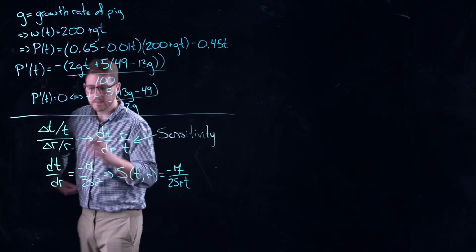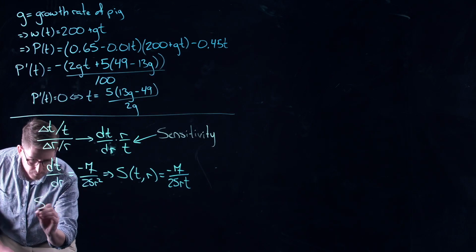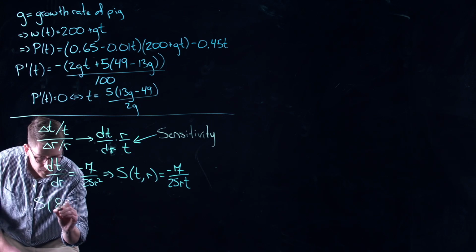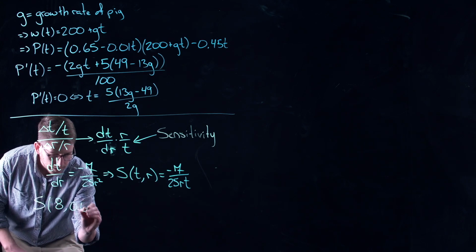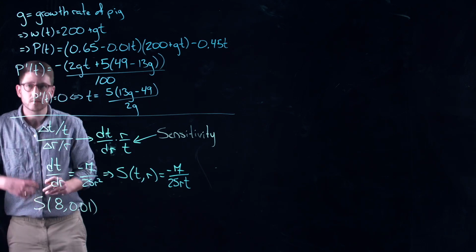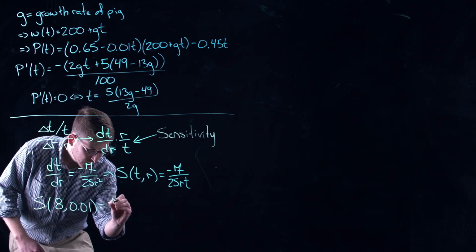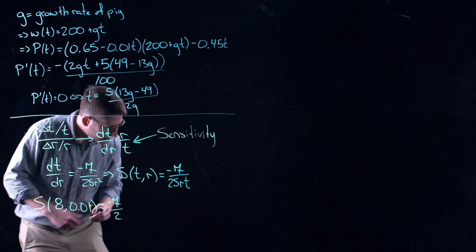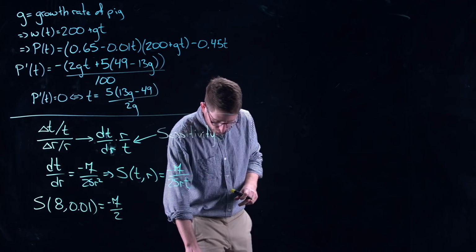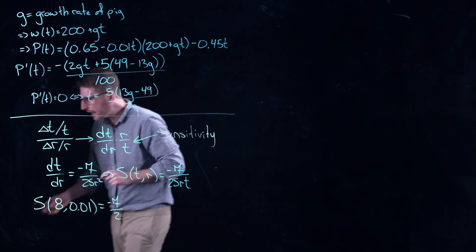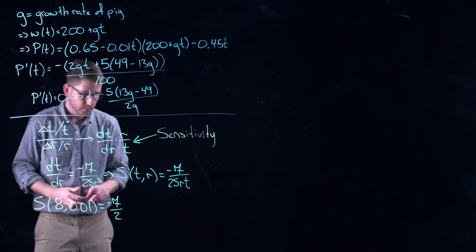Okay, so let's take a look. My sensitivity, if I was told to sell after 8 days when my rate was 1 cent lost per day, this gives me minus 7 over 2. Now, how do you actually read that?